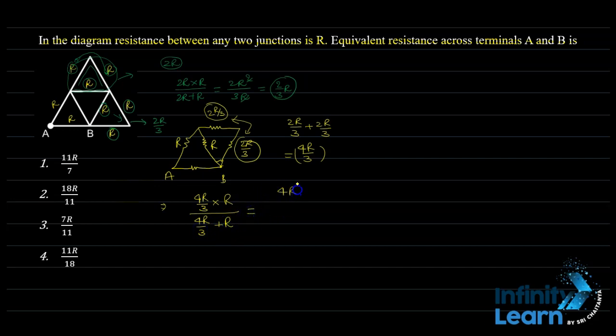Here we can get 4R square by 3 divided by, R can be taken as common, 7 by 3. So this 3 will be cancelled. So we are left with 4R by 7. This 4R by 7 is the equivalent resistance of this triangle. Now further we can solve this triangle.